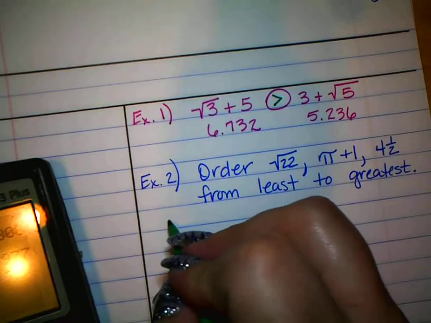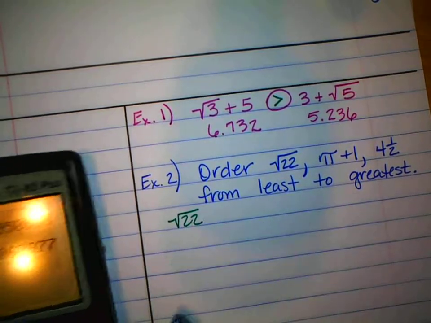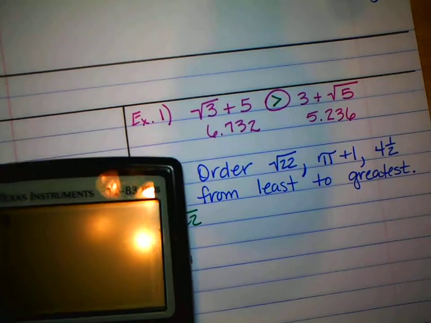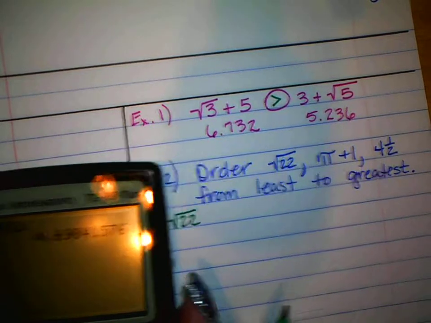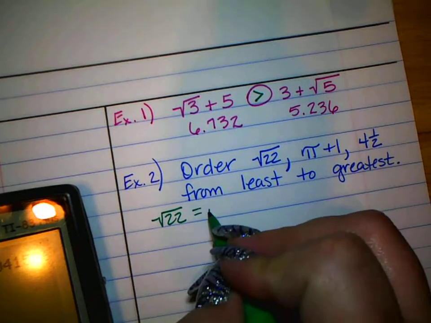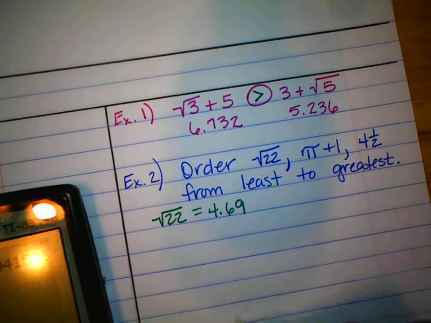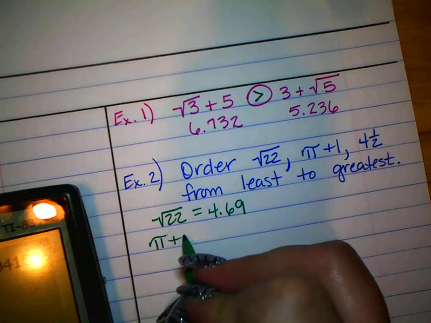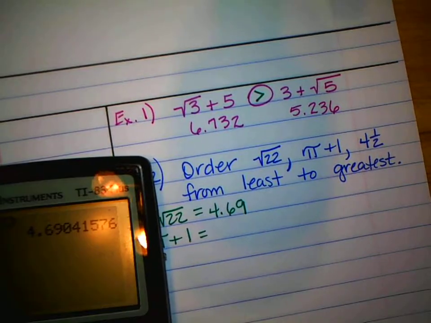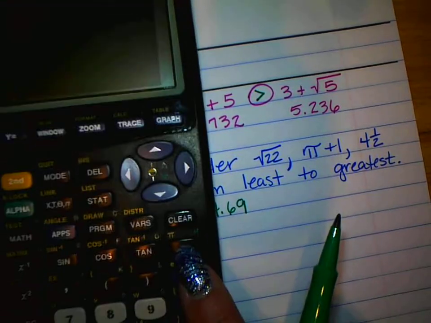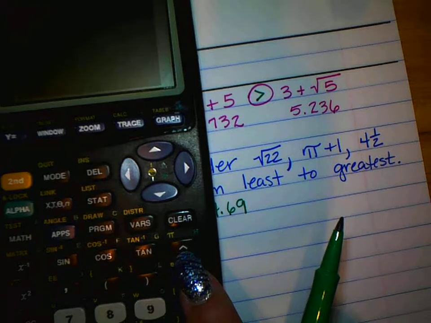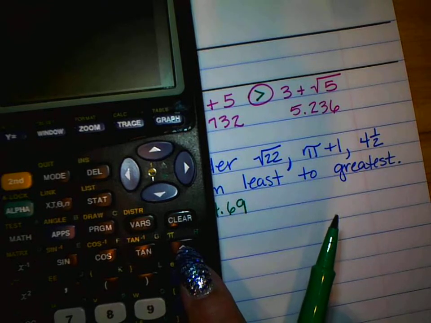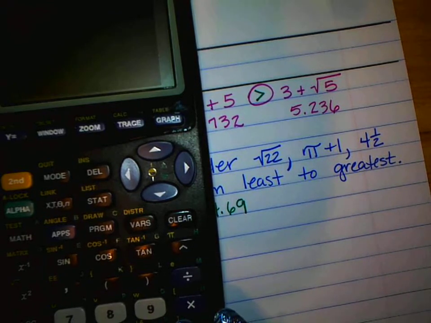So if I take the square root of 22 and I use my calculator again, I come up with 4.69. If I take pi plus 1, pi I can find above my caret key, so I get that from second caret plus 1.